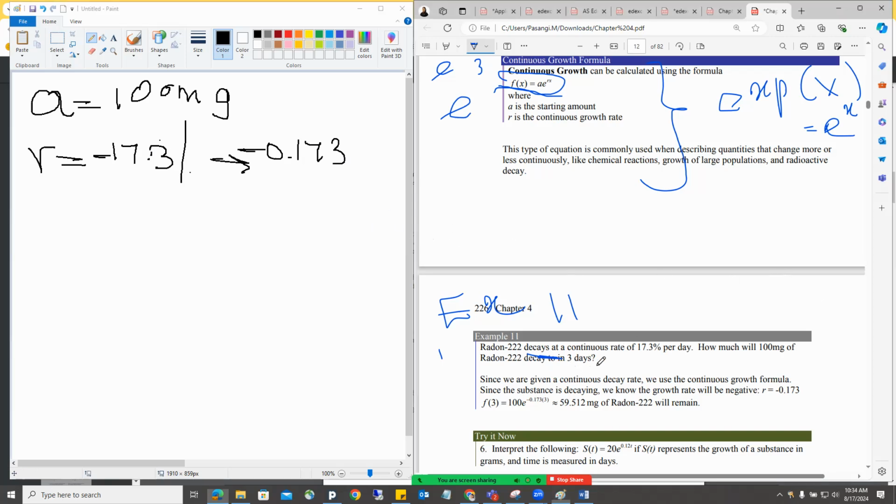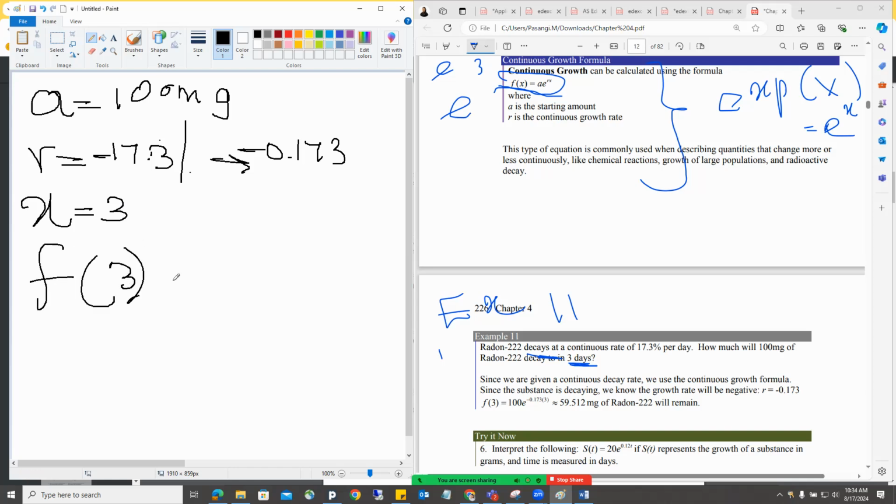Then here they have asked us to calculate it in 3 days. Now 3 days in the sense x is equal to 3. So now you can put this into the given function. We have to find the final value after 3 days, that is A times e to the power of minus 0.173 times 3.